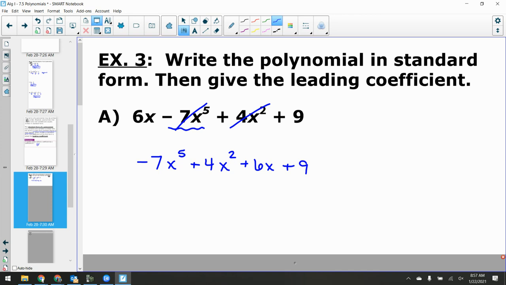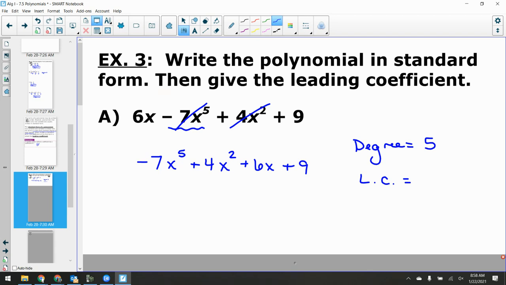Now, let's identify the degree as well. We went with the biggest degree, it was 5, right? The degree here is a 5. The leading coefficient, I'll abbreviate as LC. The leading coefficient of this polynomial is what?